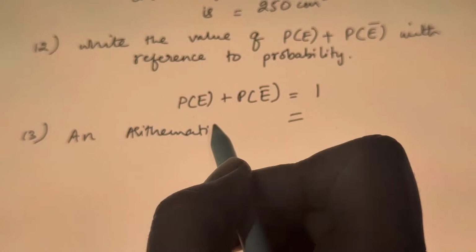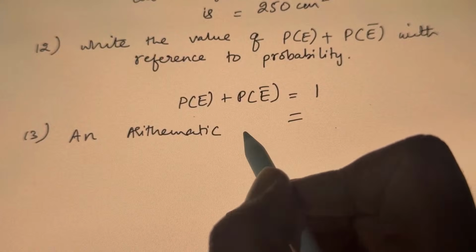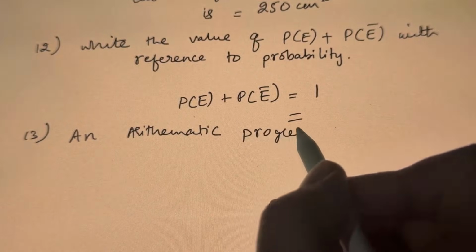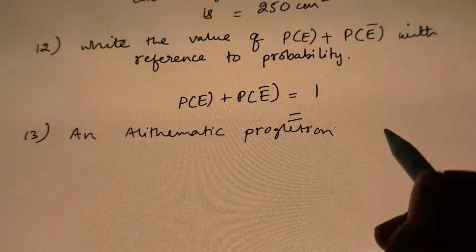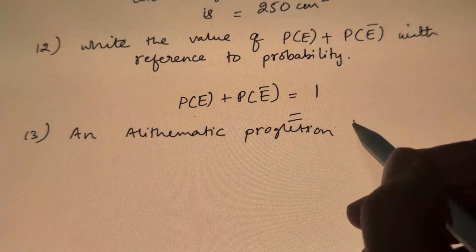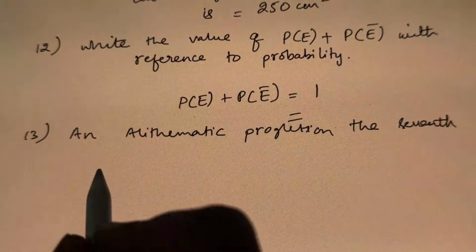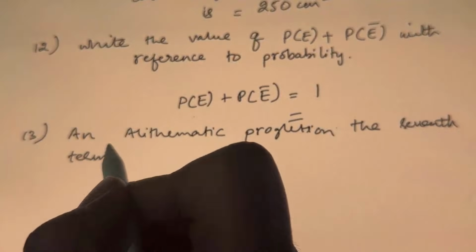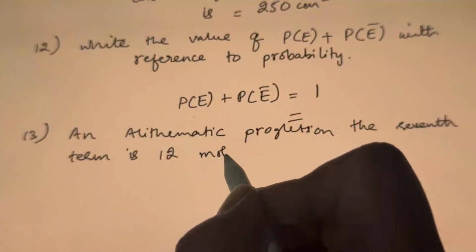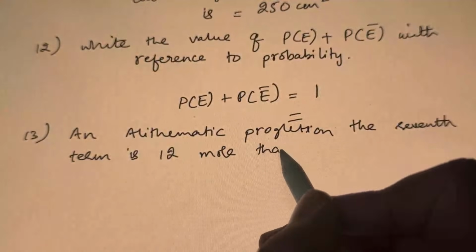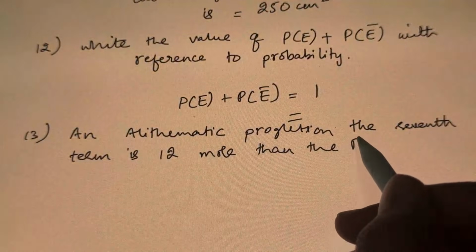In an arithmetic progression, the seventh term is twelve more than the fourth term.